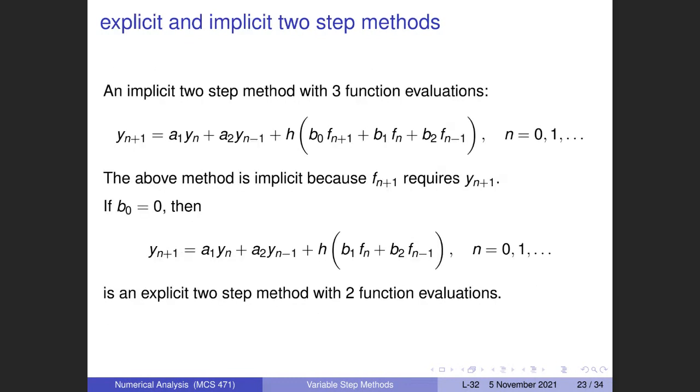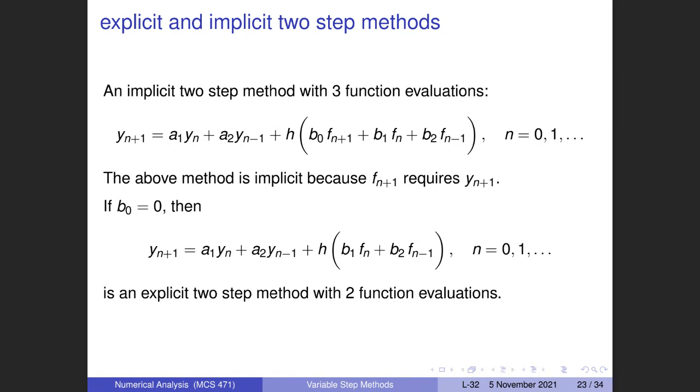So how do we do this? Well, we look at the method here. So here is a method which is a 2-step method which uses 3 function evaluations. So the previous example was a 2-step method with 1 function evaluation. And here we have implicit methods.